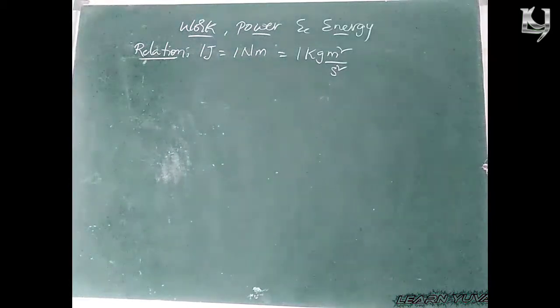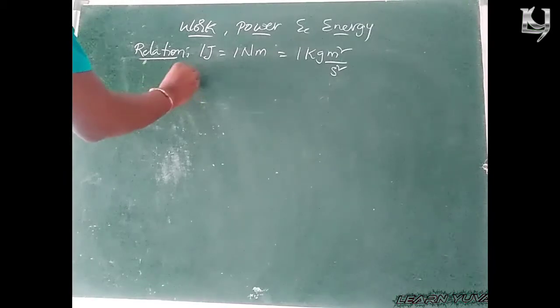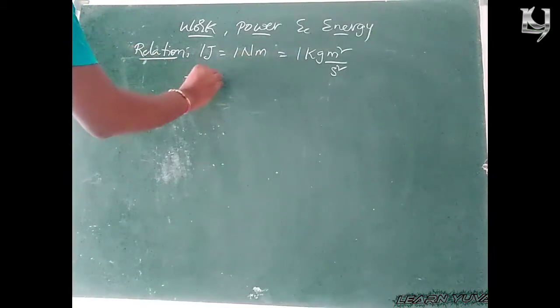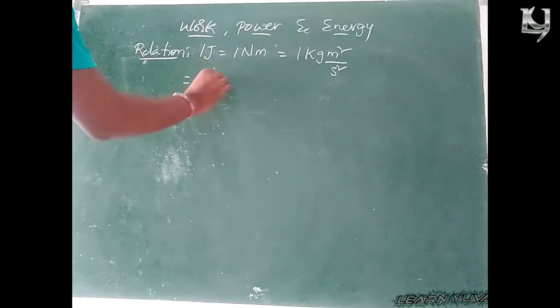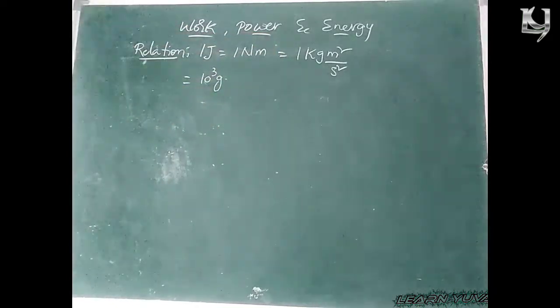Convert this into CGS. Kg, how many grams? 1000 grams, kilo is 10 power 3 grams, into meter square, converted into centimeter square.